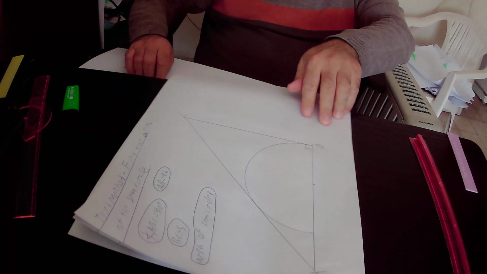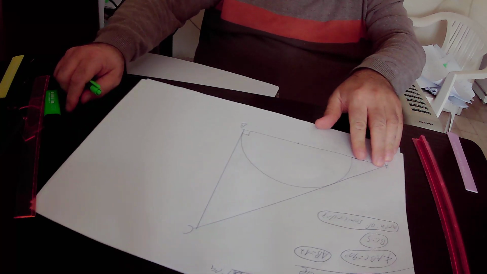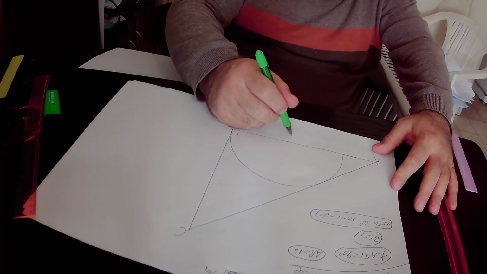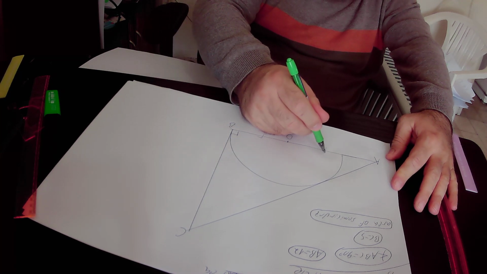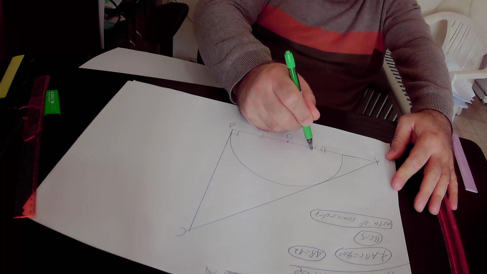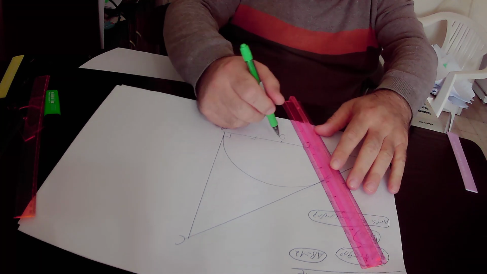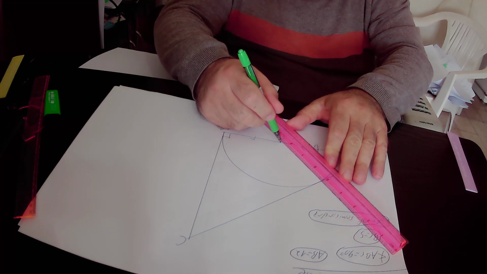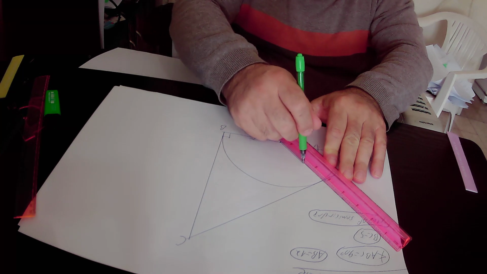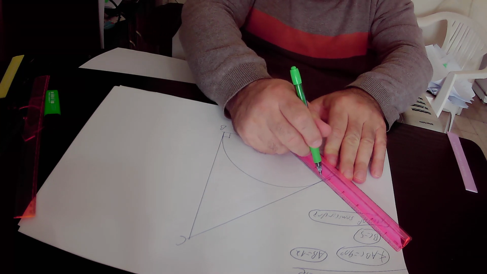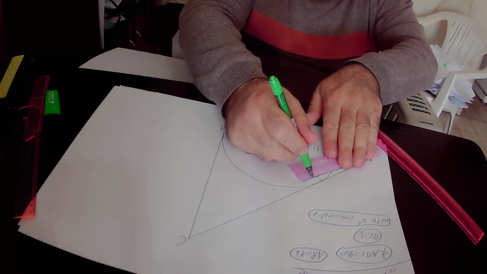First of all, we have already found out that OB equals R, AO equals 12 minus R. Here, DO is also R, and those two angles are right angles.